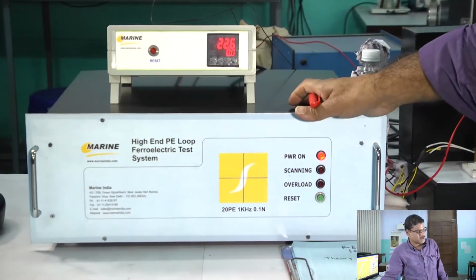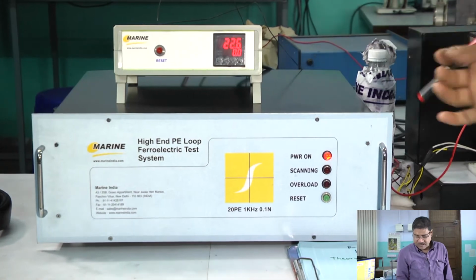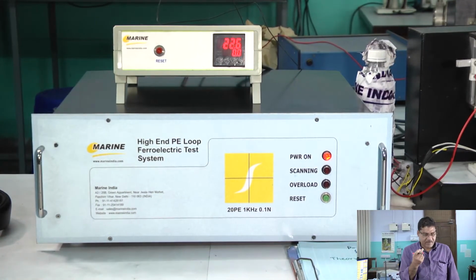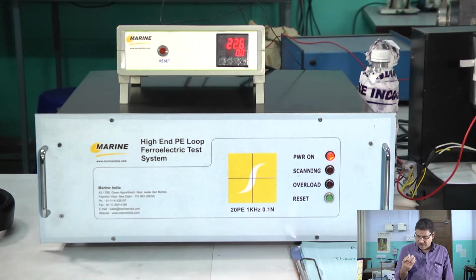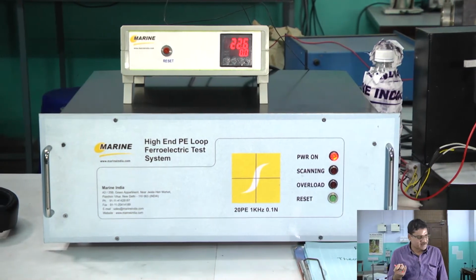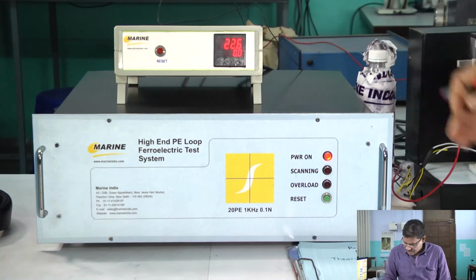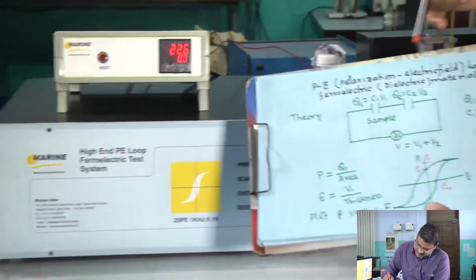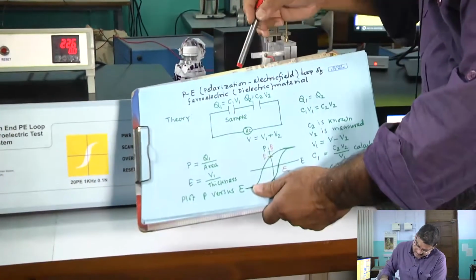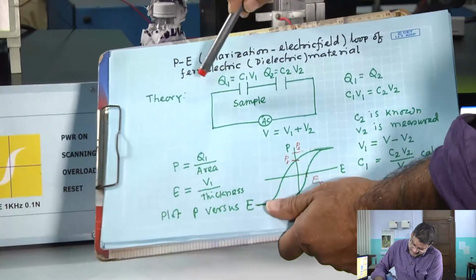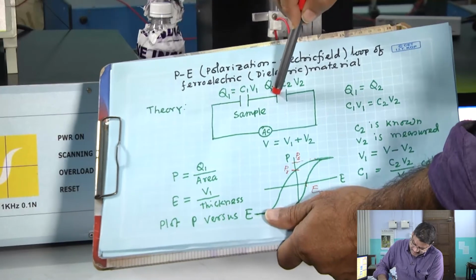Inside this box, there is a second capacitor, as I told, C2. This is our sample connection, and these two wires have come.